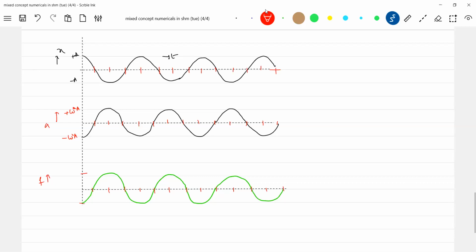This is the maximum friction. It varies harmonically. This is something very important.